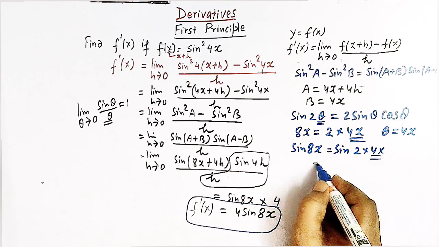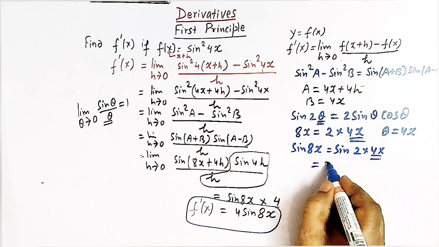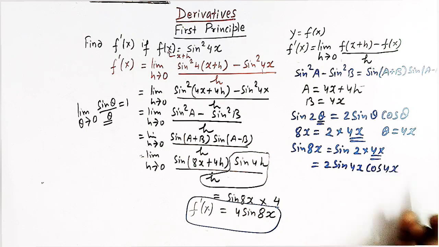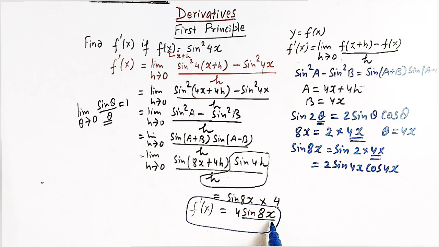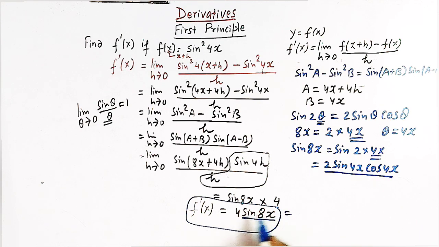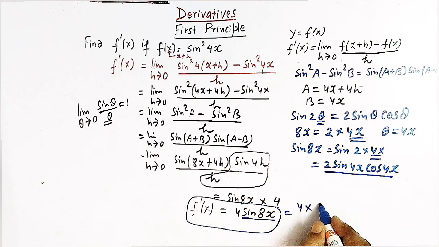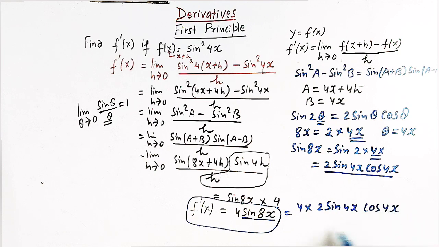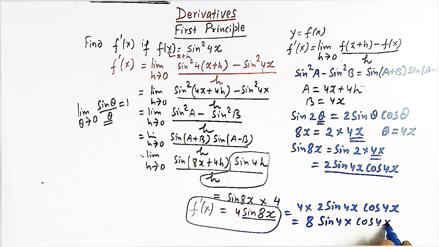This is theta. So we can apply this result. So we have 2 sine 4x cosine 4x, right? So replacing sine 8x by this expression, we can also express this result as 4 times 2 sine 4x cosine 4x, and this is 4 times 2 is 8 sine 4x cosine 4x, right? So either we can use this result or this result.